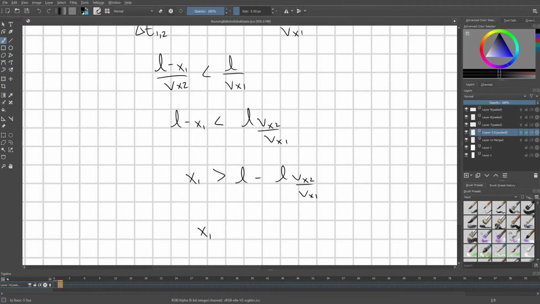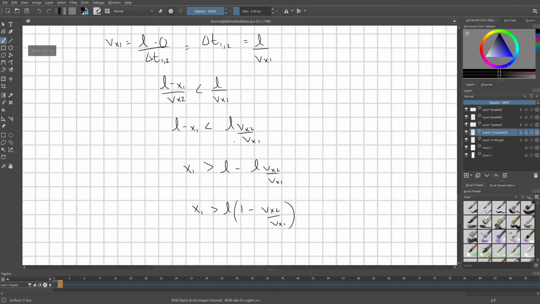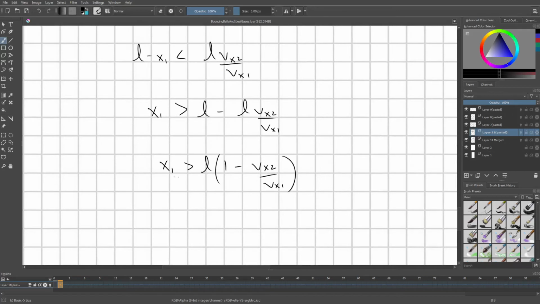We could simplify this as x1 is greater than L times 1 minus Vx2 over Vx1. All right. This is our next important result, and I'm going to spend a little bit of time now talking about what this means.